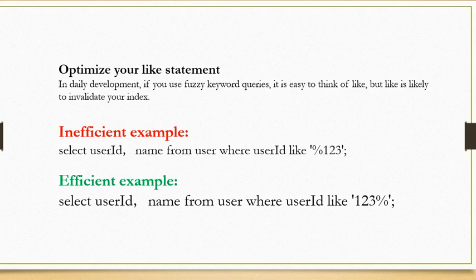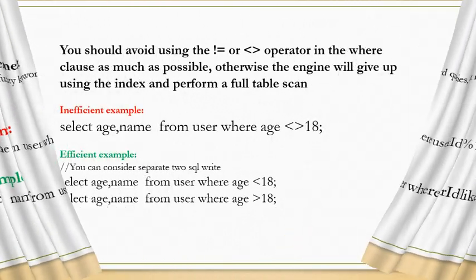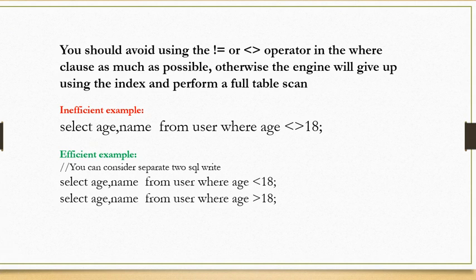Okay, so the next one is, you should avoid using not equal to, or less than, greater than operators in the where clause as much as possible. Otherwise the engine will give up using the index and perform a full table scan. Look at the inefficient example here: select age, name from user where age not equal to 18.